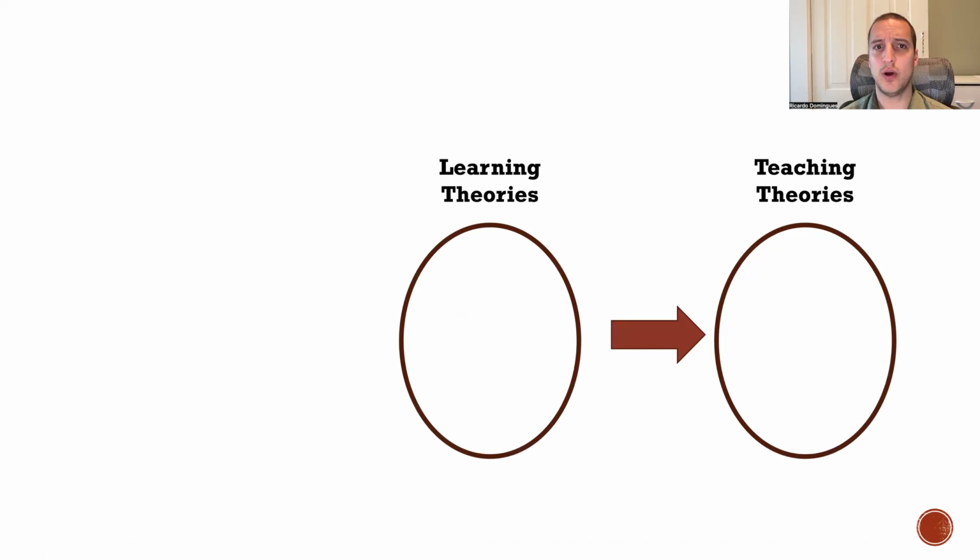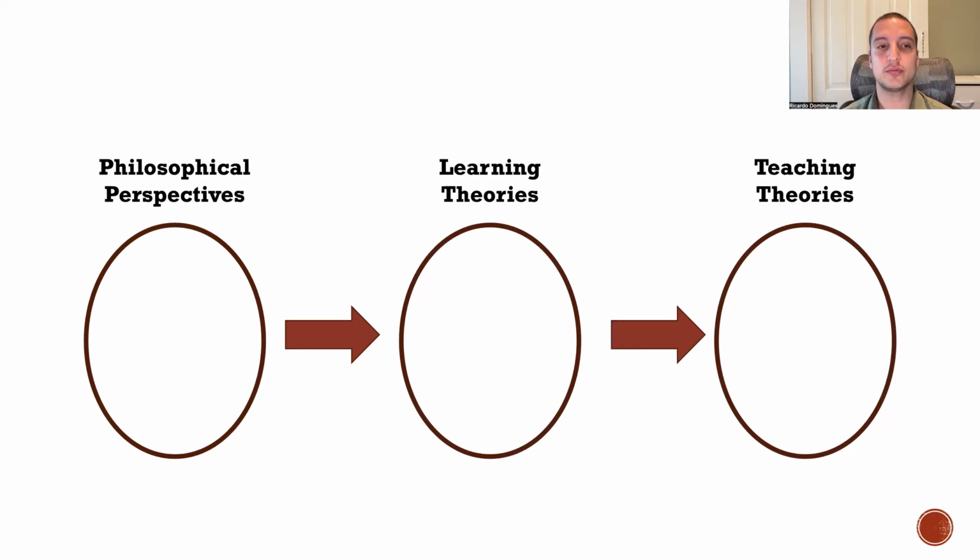So again, why should we care about philosophical perspective on learning, such as constructivism? Well, one thing that I didn't mention two weeks ago is that those learning theories actually come from philosophical perspectives about learning.